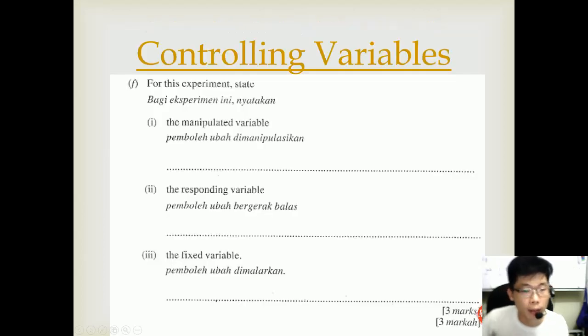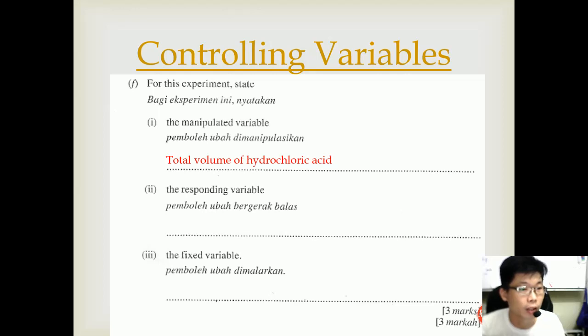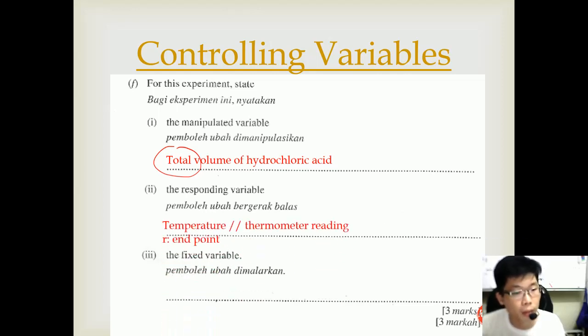So just now I did mention that based on the table, we can get the answer easily. The manipulated variable will be the total volume of hydrochloric acid. So make sure that you mention the word total. Responding variable will be the temperature or thermometer reading. So in here we reject the endpoint.